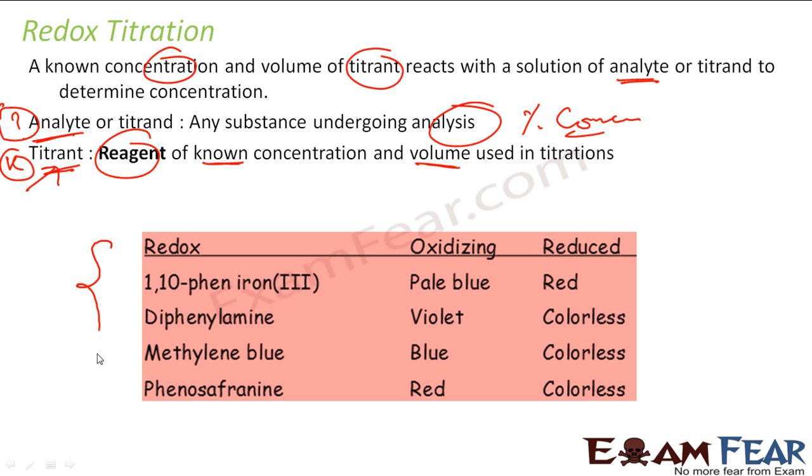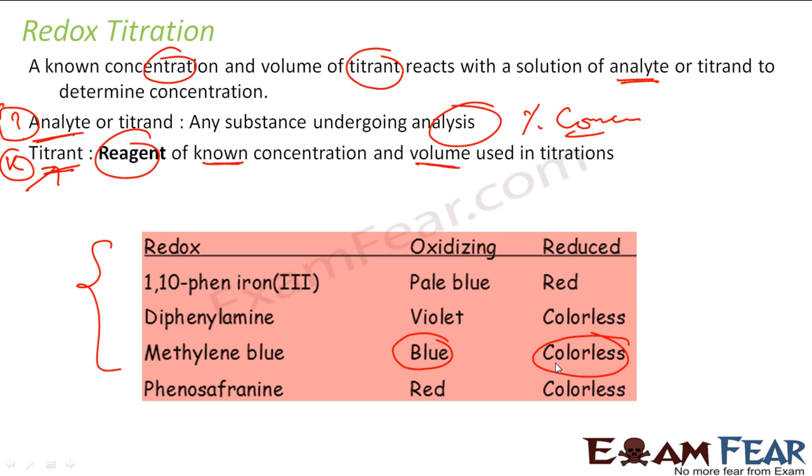Some of the popular indicators or reagents in the market are methylene blue, which is blue when oxidized and colorless when reduced, or diphenylamine, which is violet when oxidized and colorless when reduced. You don't need to understand more, because in your class you don't have to understand this in detail.